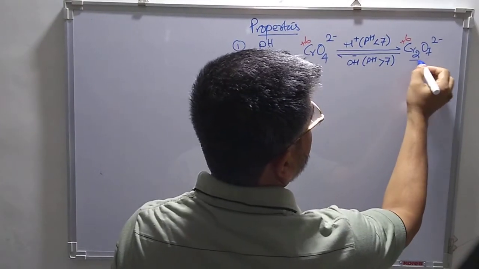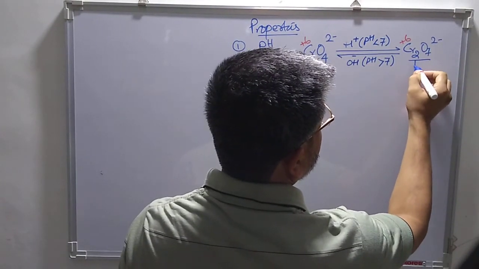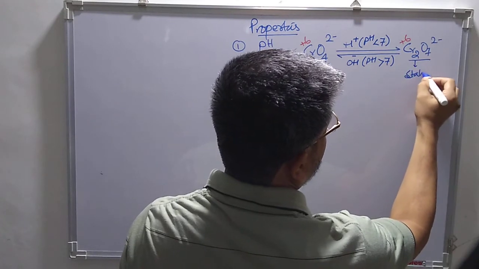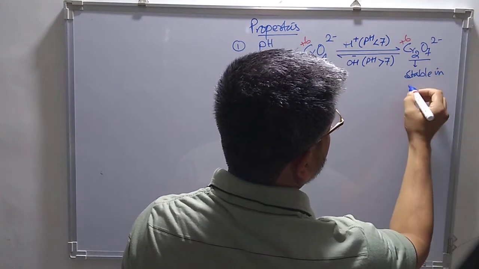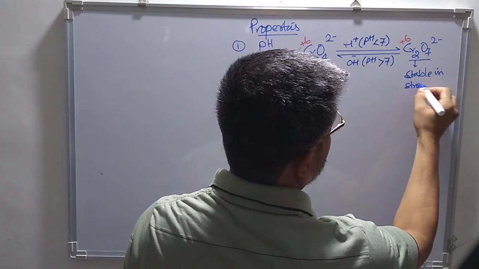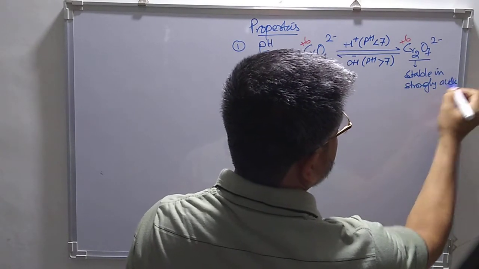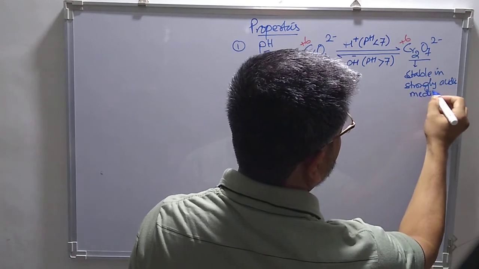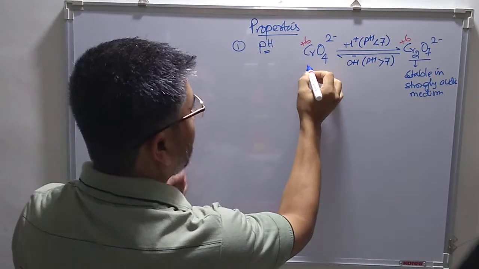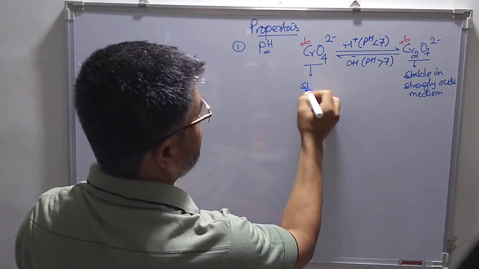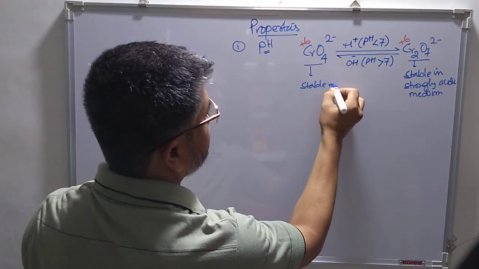So that means dichromate is stable in strongly acidic medium, whereas the chromate ion is stable in basic medium.